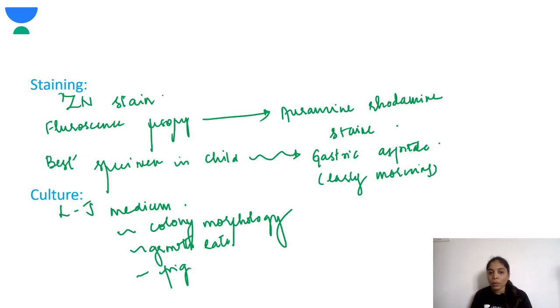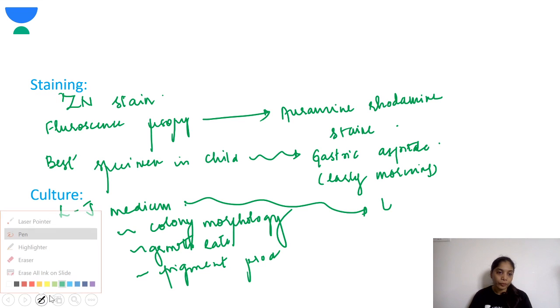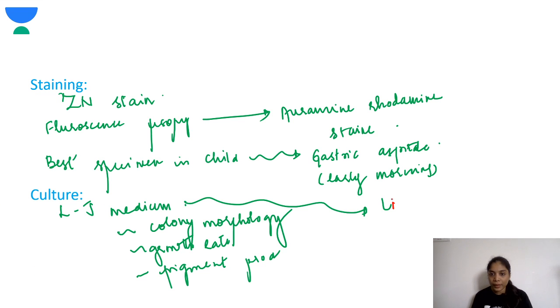But the only problem with this is the limitation. The limitation is it takes 7 to 10 weeks of incubation for the results to come, only then does the growth happen. So this is very late for us to treat a child with Mycobacterium tuberculosis.